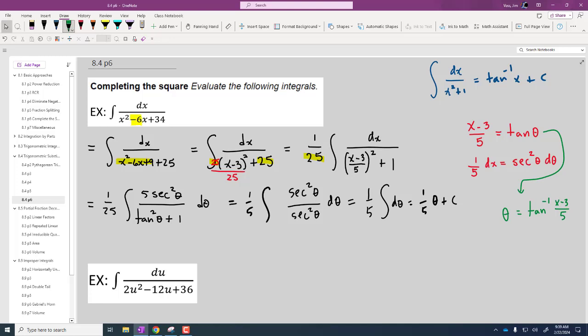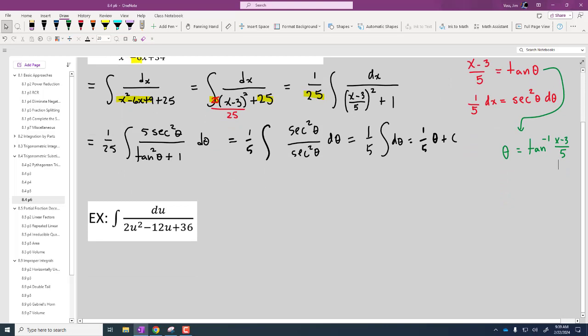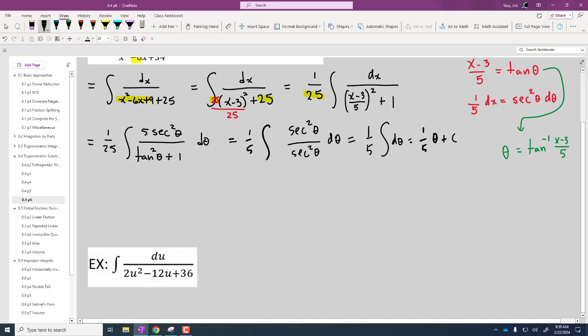And so we get exactly what we would get if we would have noticed that you could integrate directly. So we're going to have 1/5 inverse tangent of x minus 3 over 5 plus c.